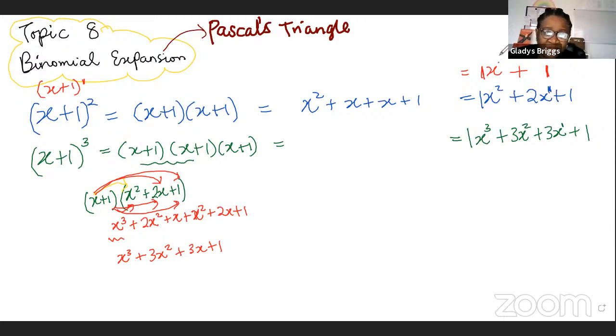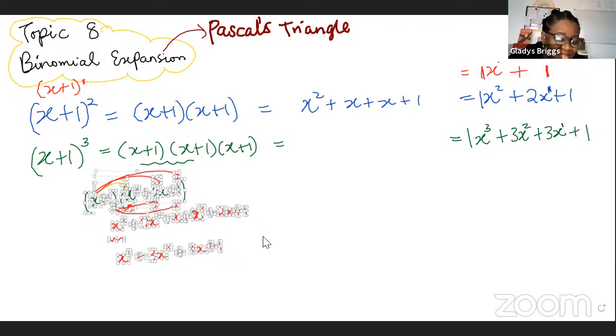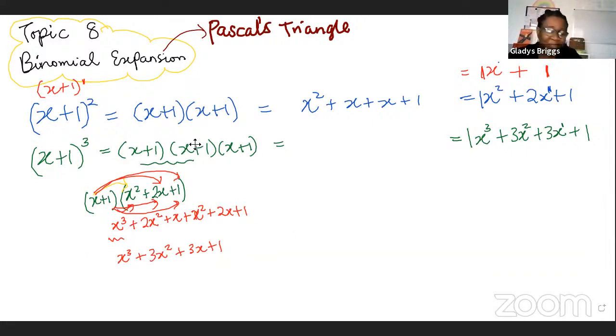And if I asked you to expand x plus 1 to the power of 4, would you be able to do that? Can anybody try that? You already know what x cubed is, so just multiply that by x plus 1 and see whether you can get the answer.